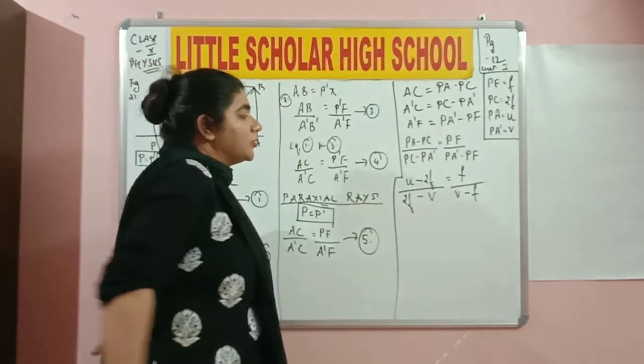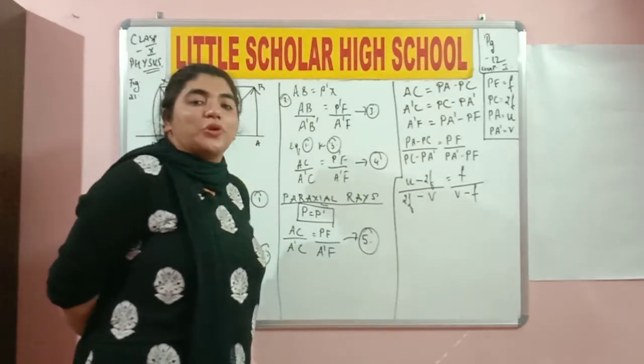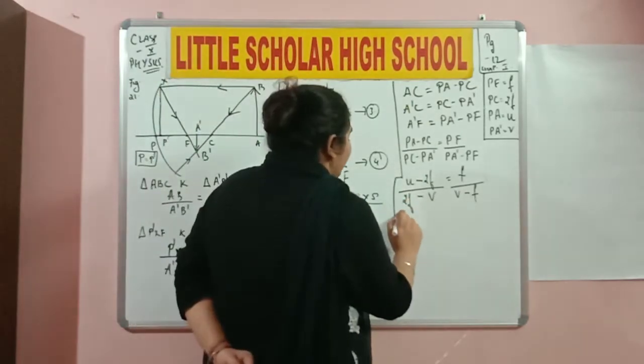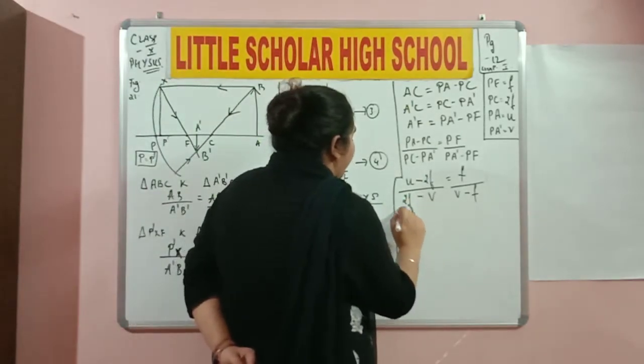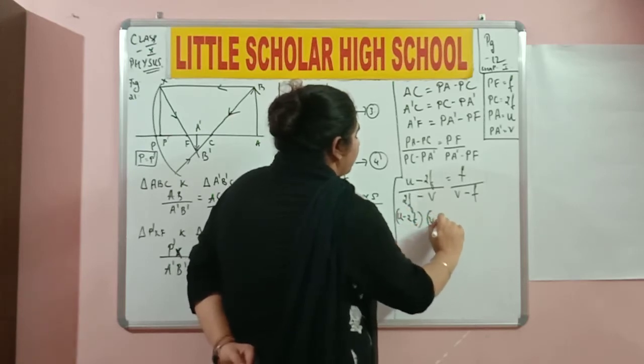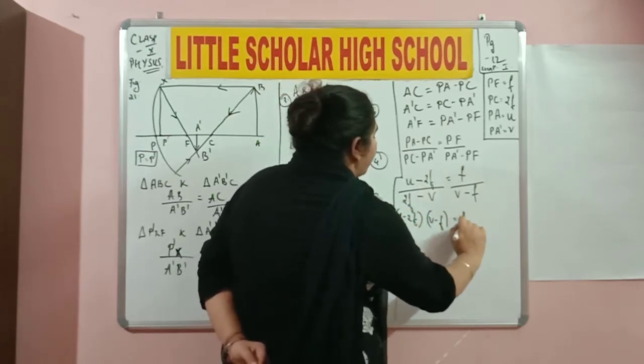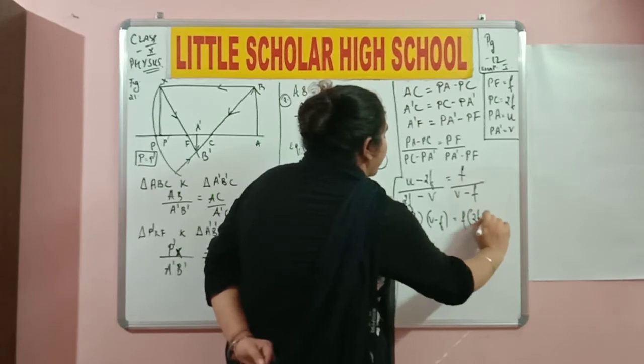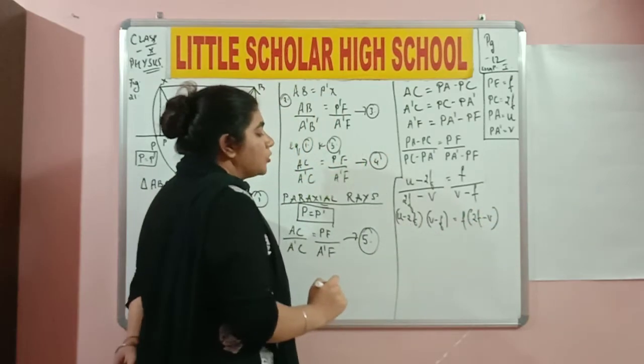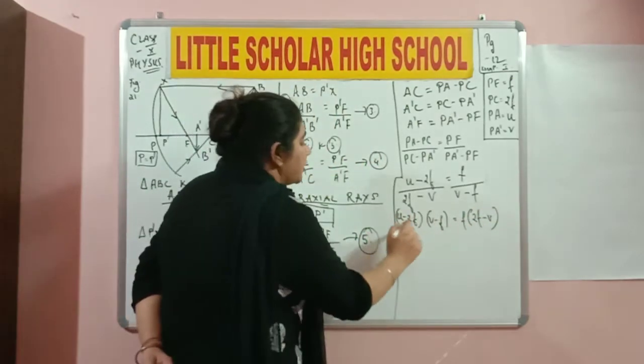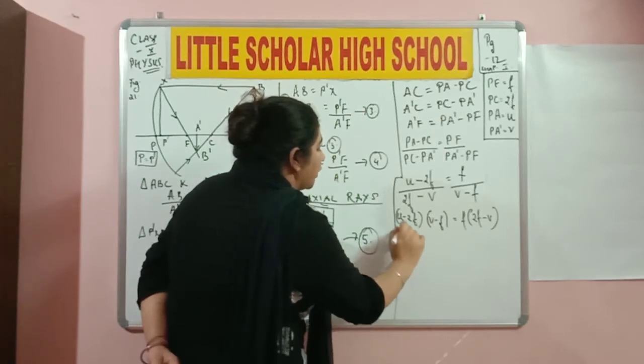Now what do I do with this? Just leave them over here? No. I'm going to cross multiply. Okay, so now U minus 2F into V minus F is equal to F into 2F minus V. Okay, so over here class, cross multiply them. What do you get?